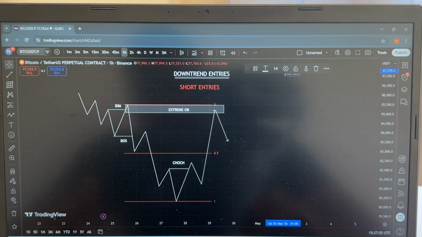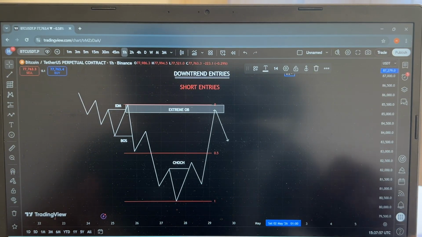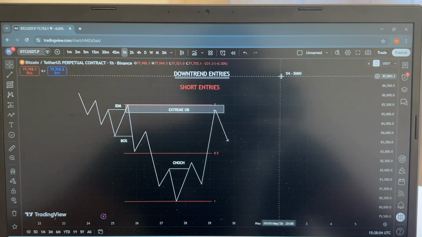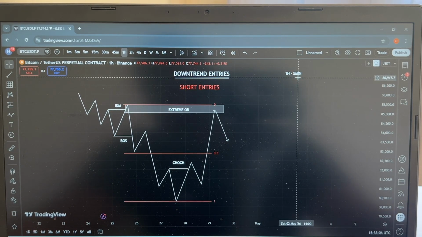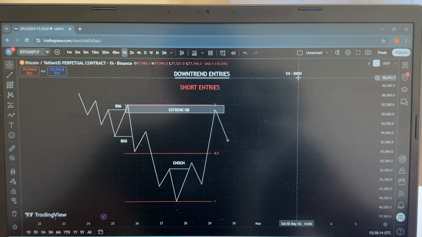Let's say all this happened just like before, in the 1 hour time frame, and we have to wait until the confirmations are taken in the lowest time frame. For 1 hour it has to be 5 minutes. I hope you noted that down because that is extremely crucial when we are getting into a trade.